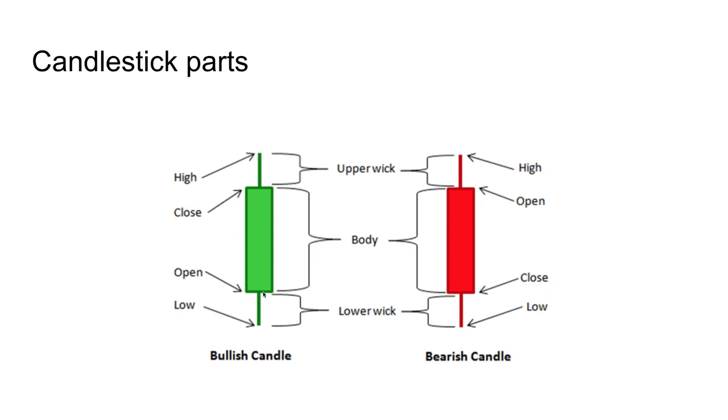It means that it opened here, it dipped here, it came back up as high as here, but it closed during that 1 minute here. Now, if it's a red candlestick, it's the opposite. The opening price is here, it went down as low as here, and it closed during that time period here. So it provides you with all the information that you need to know within that time frame.